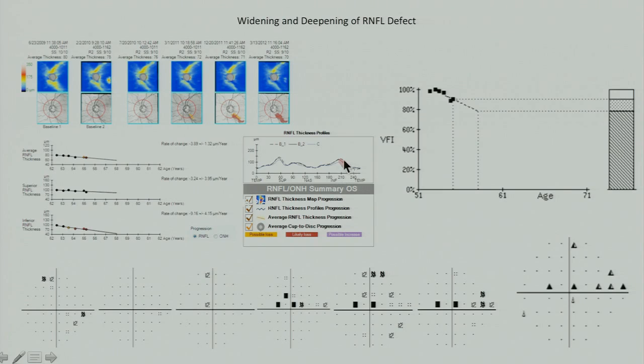So you see this thinning of the RNFL that has occurred locally, and it shows up on this RNFL thickness profile. Notice that you don't develop a visual field abnormality until here, visit 4, and then that field abnormality changes over time, and this is the event detection paradigm here. This is the trend-based paradigm, as you can see, looking at the slope of change.